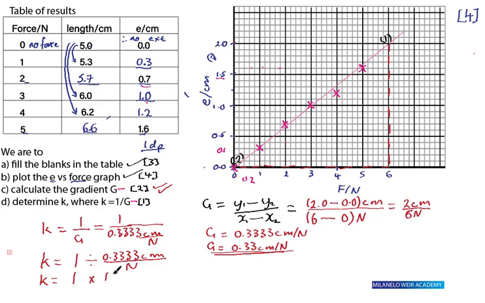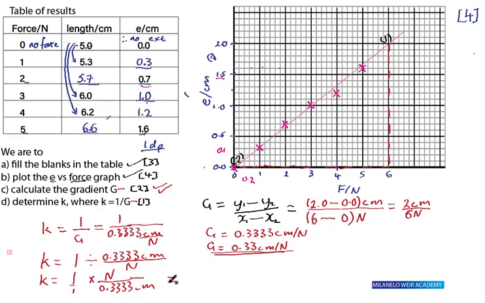So this becomes N over 0.3333 centimeter. A whole number can be divided by 1 to make it a fraction, right? It's allowed, remember, in mathematics. We can always divide this by 1 to make it a fraction. It doesn't change the value.